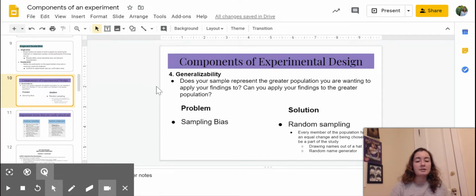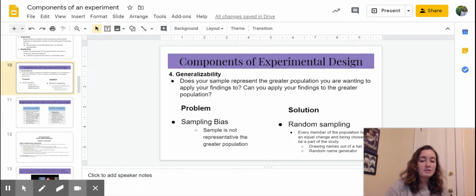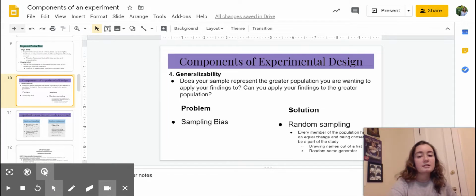So in addition to having a representative sample, a way to help achieve that generalizability is by using random sampling. Sampling bias is when your sample is not representative of the greater population. So maybe you used Oconomowoc High School as your sample and you're trying to apply it to the whole country.